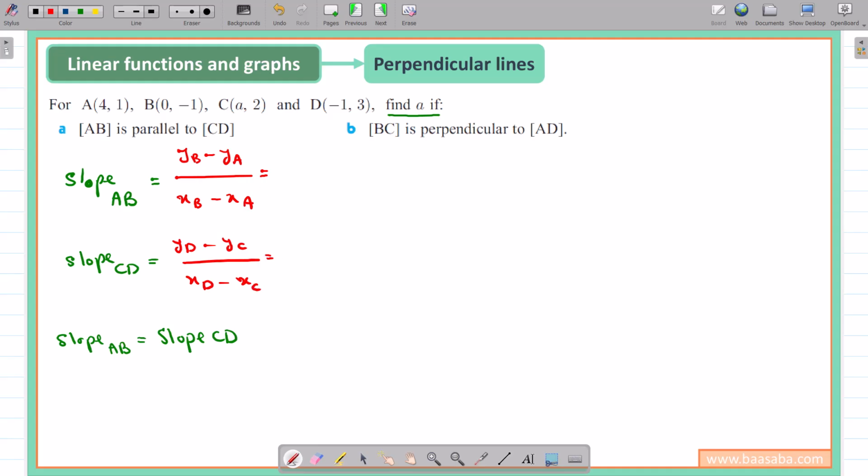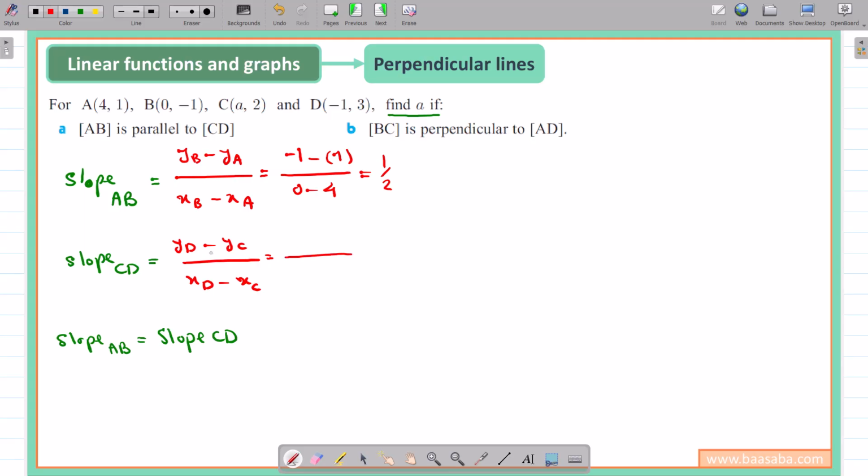Let's substitute the numbers. YB, where is B? -1 minus ya 1 over xb 0 minus xa 4. So -2 over -4 will be 1/2.